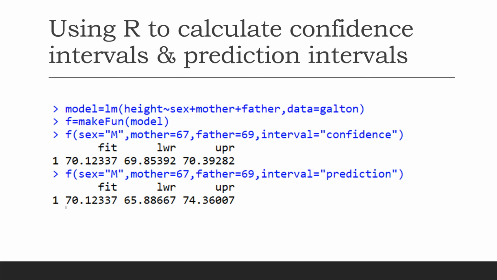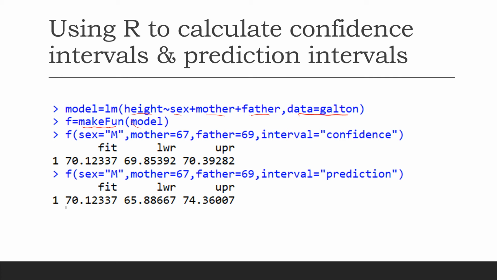When I'm using R to calculate confidence intervals and prediction intervals, I start by fitting my model using the lm, linear model function. Here I've got my Galton data. I'm using height as my response variable, and we have sex, mother's height, and father's height all as explanatory variables in the model. After I've fit the model, I'm using this makeFun function, which is essentially making a function that's going to evaluate fitted values for the model and also make confidence and prediction intervals for the value.